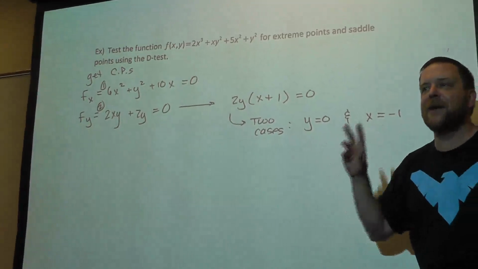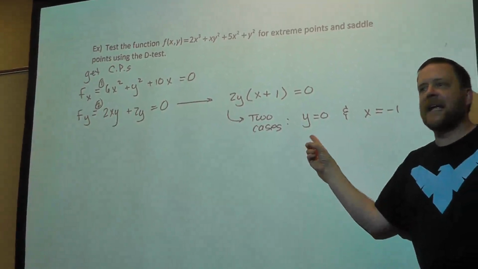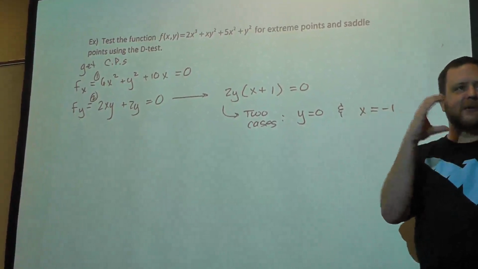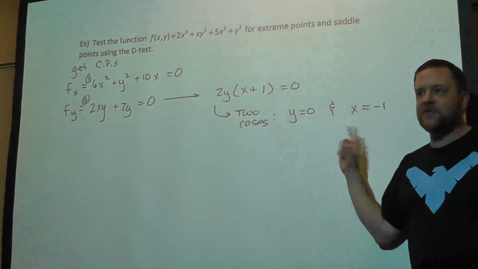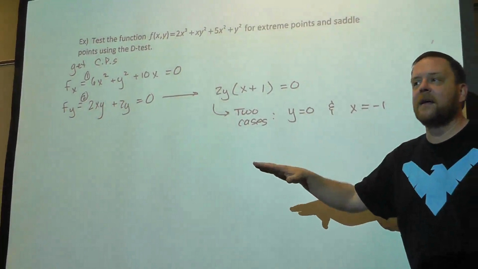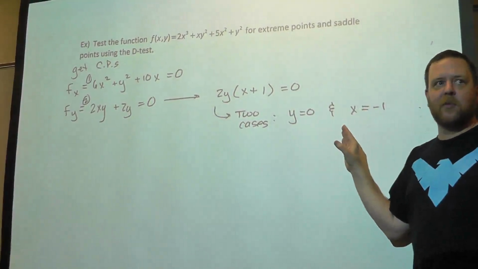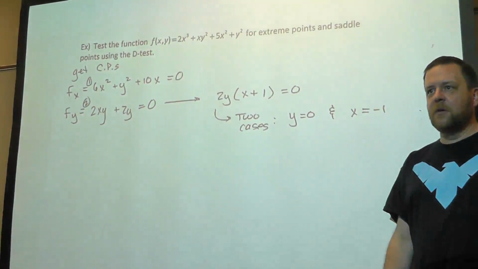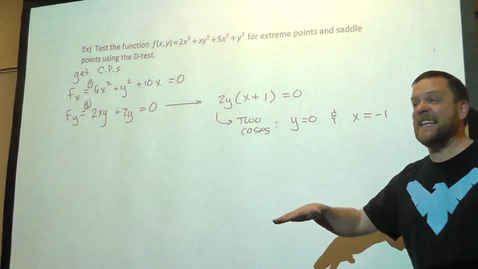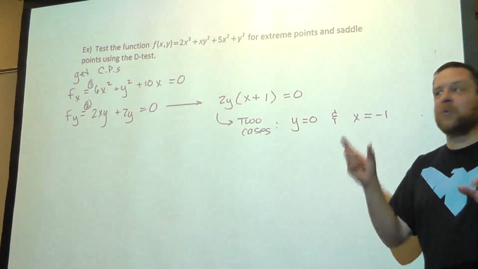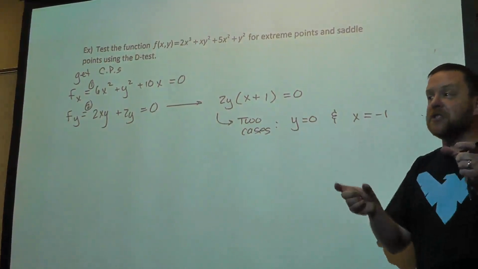Does everybody understand why this doesn't guarantee -1, 0 is a critical point? Can you see why simply solving this from the second equation only tells me that that's not guaranteed to be a critical point as a coordinate pair? Why? Because you haven't tested the first equation. You haven't done anything with the first equation. You've got to come up with the coordinate pairs that satisfy both equations at the same time.